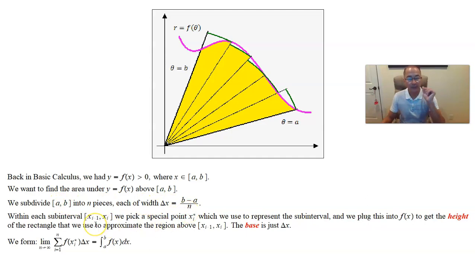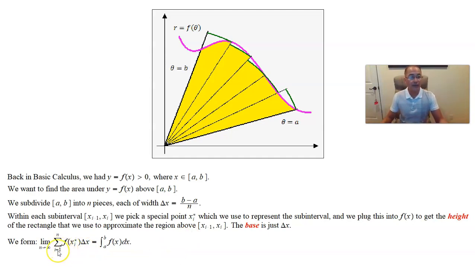Within each subinterval from x i minus 1 to x i, pick a representative x i star. That is where we compute the value of our function, f of x i star, and that represents the height of a rectangle whose base is delta x. So the area of that rectangle is height times base, f of x i star times delta x.